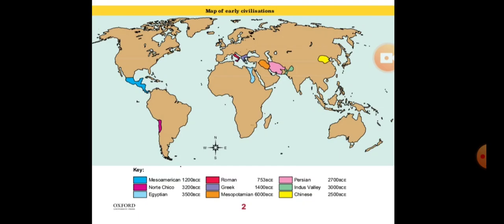Then there is the Roman civilization here. And if we move forward, as you know, this is North America and this is South America. Towards North America, we have this portion in blue color, which is the Mesoamerican civilization, and this is the Norte Chico civilization. So, this map will help you understand the start of civilization and how the world has progressed.